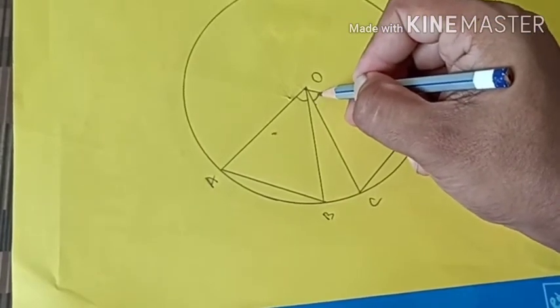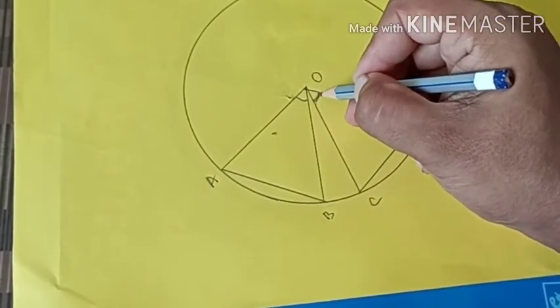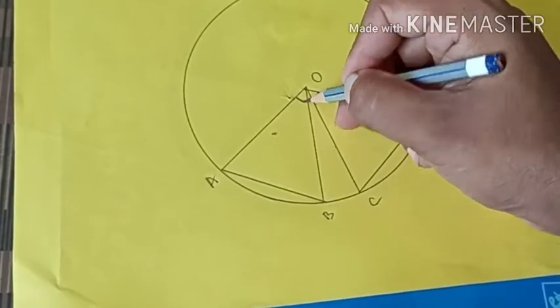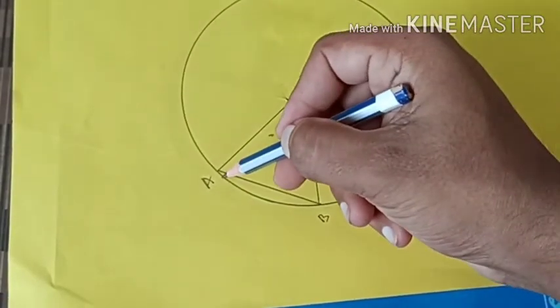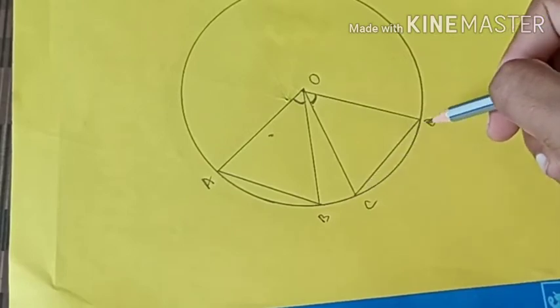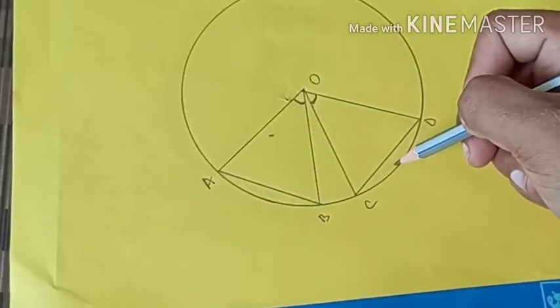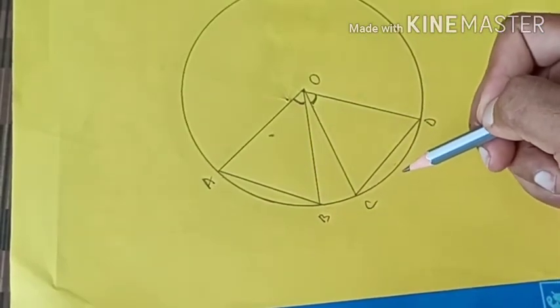If these two angles are equal, then you have to prove that these bases AB and CD will also be equal. This is the most important thing, we have to prove that.